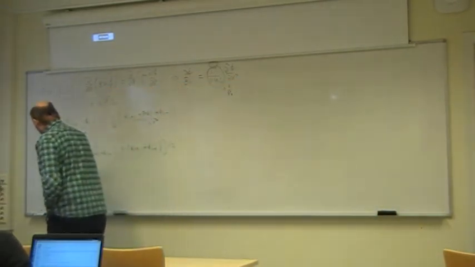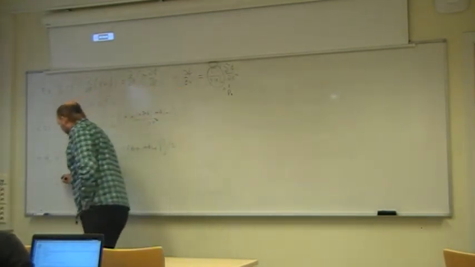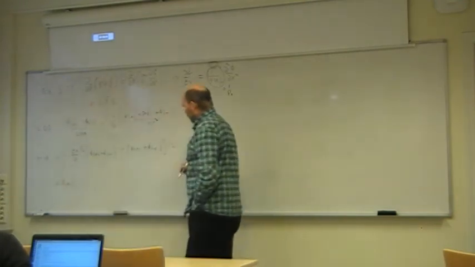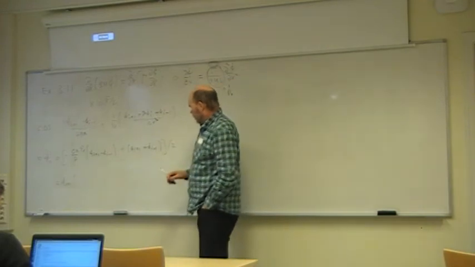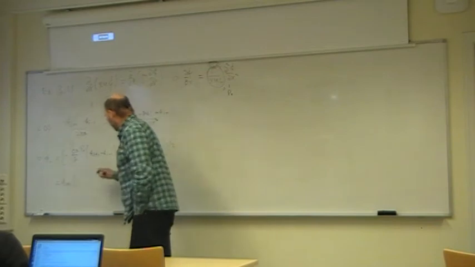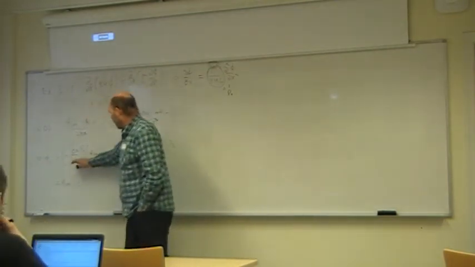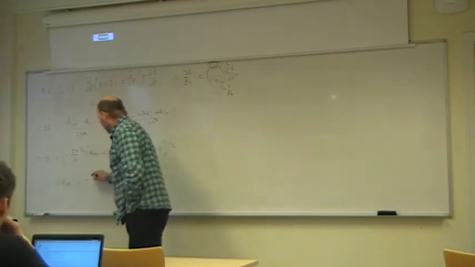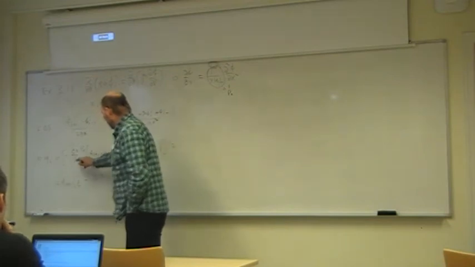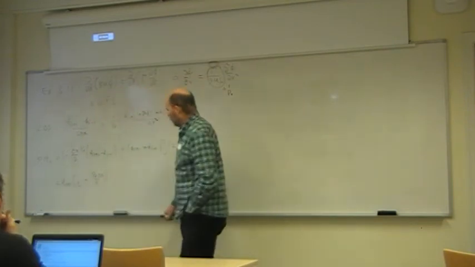Let's try it. Take one of these, phi i plus 1. What should it be multiplied with? Well, I have 1/2 on both terms, so here I will have 1/2 minus, and then I get the Peclet number, delta x, and then I will have 4 here. Right?